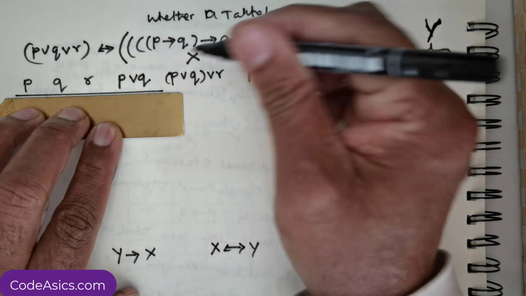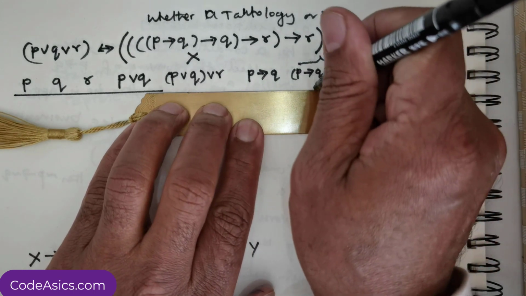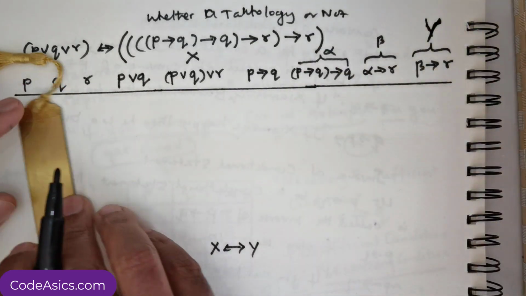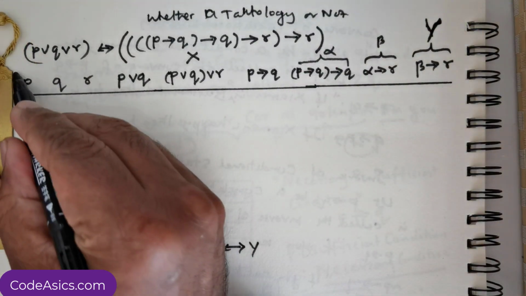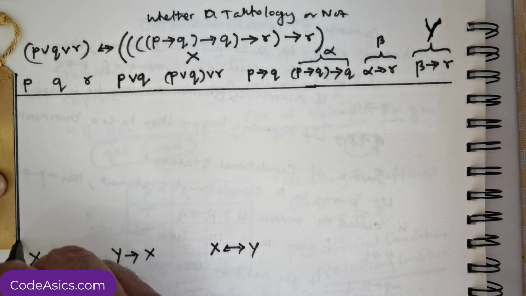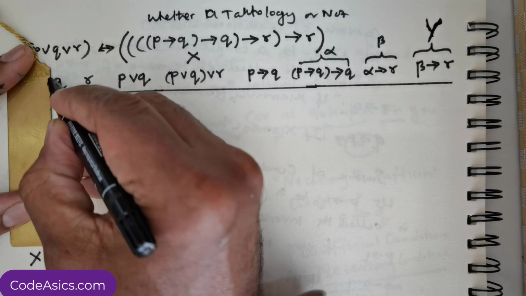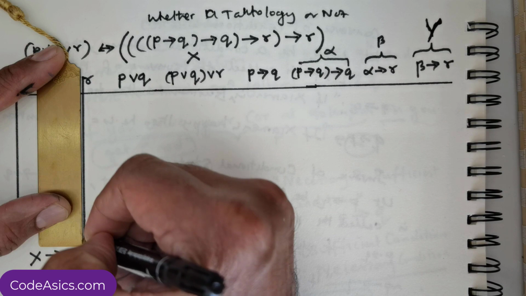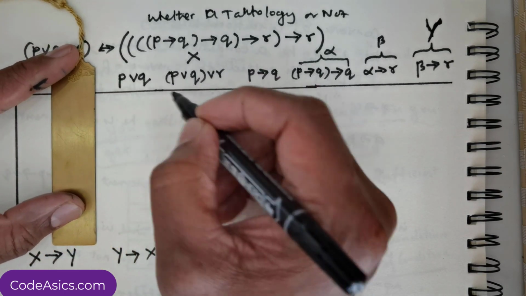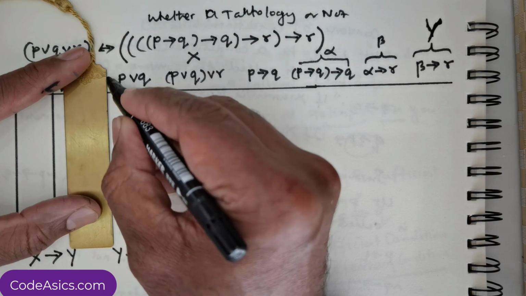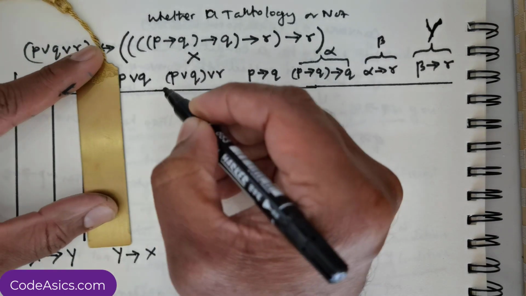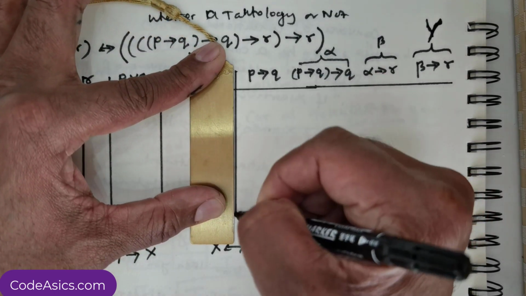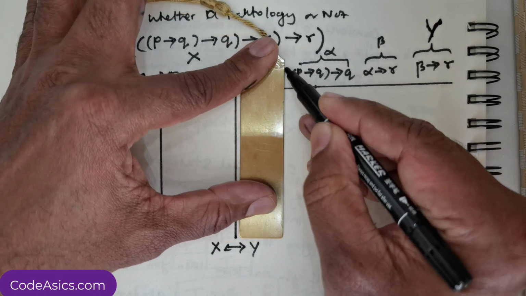I wouldn't be able to draw the intermediate lines because there will be too many. I will just draw the division lines. Probably if I would have been a little bit more aligned, then we could have fit in these X and Y conditional statements also, but it doesn't matter.